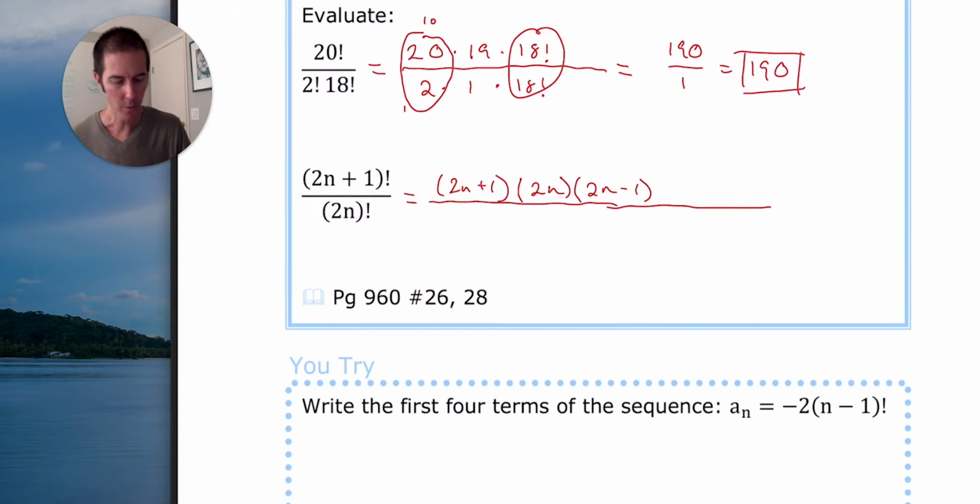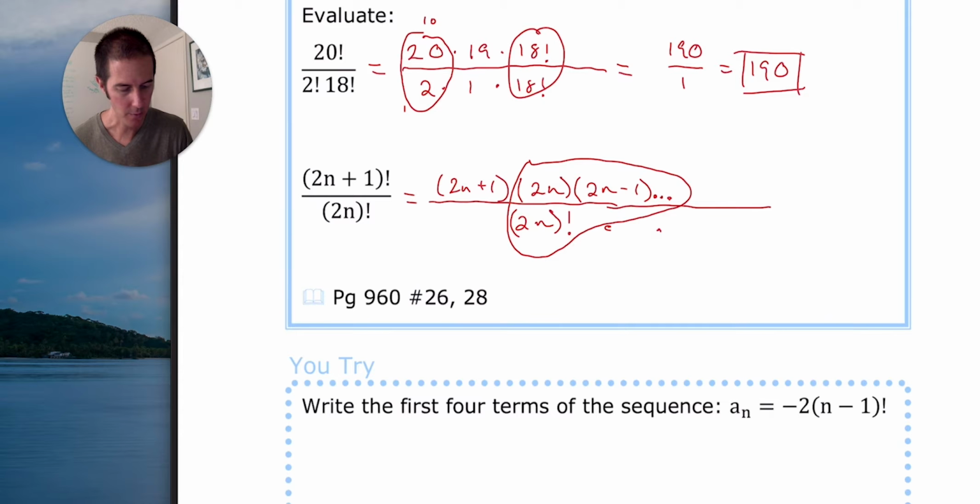I'm going to stop there, though, because in my denominator I have 2n factorial, which would be 2n times 2n minus 1 times 2n minus 2 times 2n minus 3. All of those factors would appear in the denominator strung out. And those are going to cancel with all of those factors that would have appeared in the numerator had we written them out.